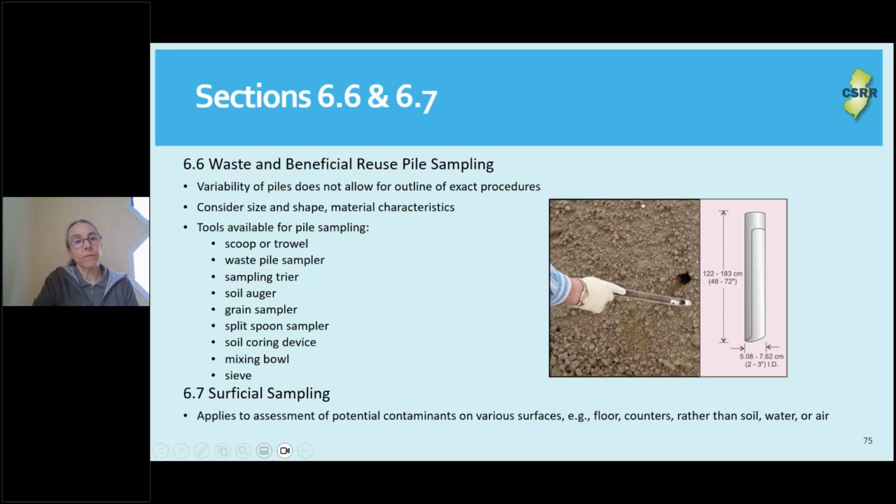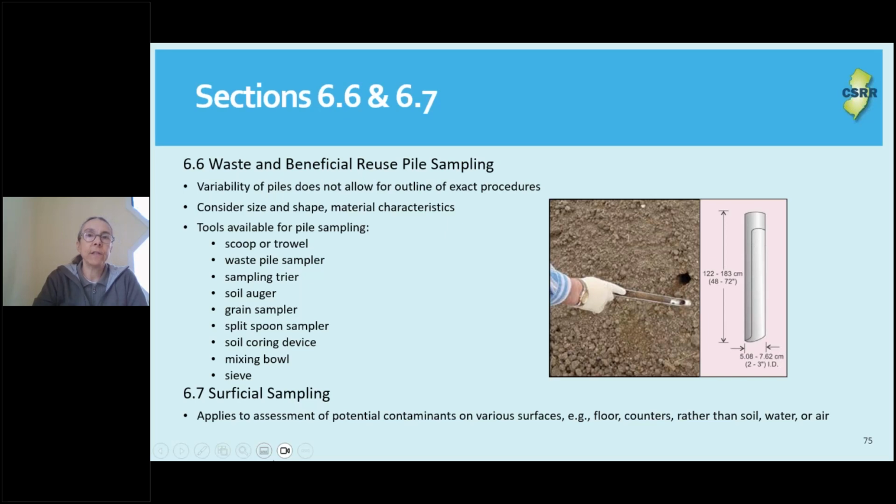Here's a list of tools that are often used when sampling piles. Again, it's recommended if you're not using disposable sampling equipment that you do decon each of these pieces of equipment between sample collections.